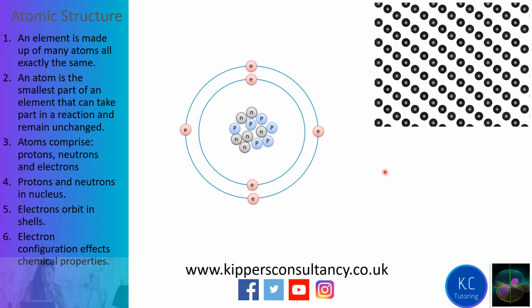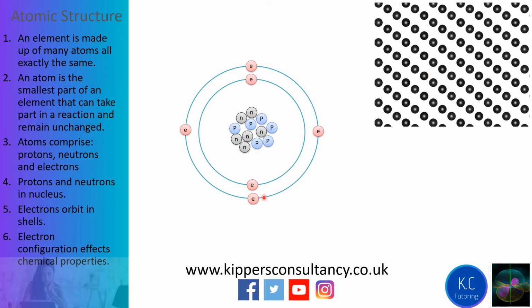If we were to look at an element under a very strong microscope, we would see that it's made up of lots of tiny particles that all look exactly the same. These smallest individual parts of the element are called atoms. In GCSE chemistry, we learnt that an atom is the smallest part of an element which can take part in any chemical reaction.